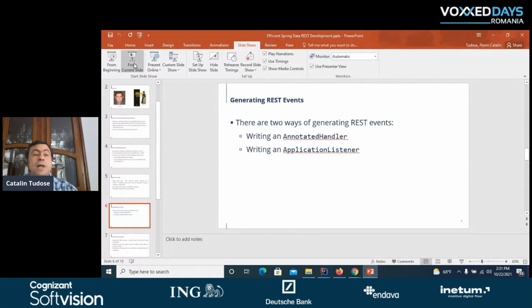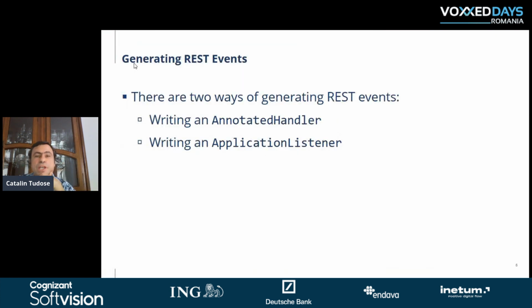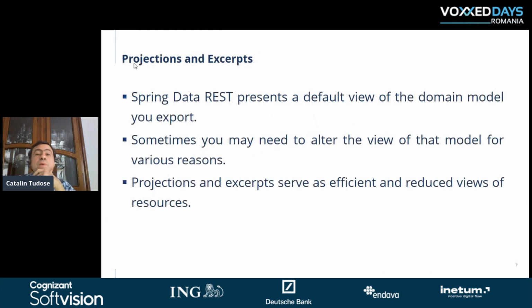Okay, what else? How can I make my application nicer? How can I be more efficient? I can work with projections and excerpts. There are situations when you would like not to expose everything in the default view.